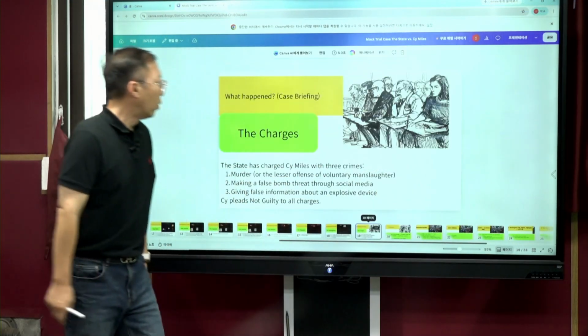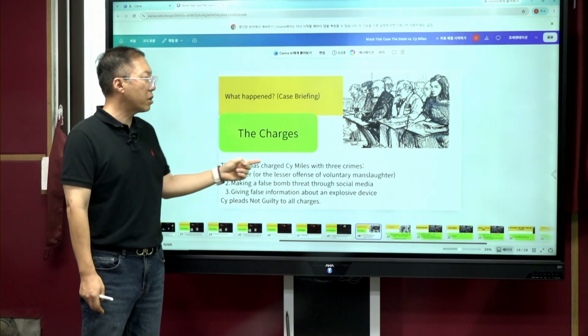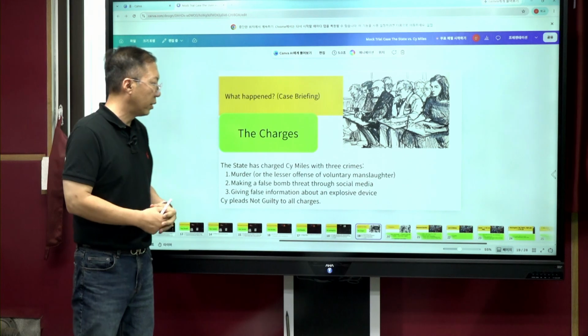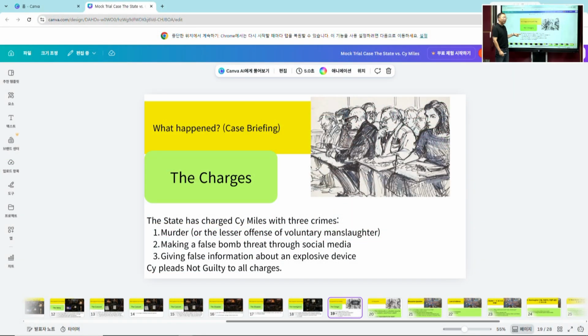Overall, the state of South Carolina charged Cy Miles with three crimes. Number one, murder. Cy is believed to have killed somebody intentionally. Number two, making a false bomb threat through social media. If you make fake news or fake information and spread it through your Instagram, KakaoTalk, or your Facebook page, you are committing a crime.